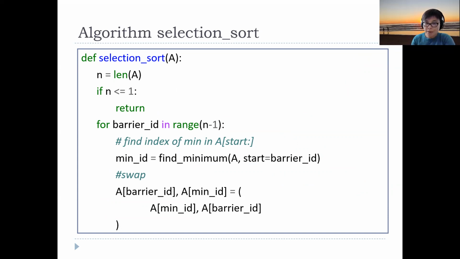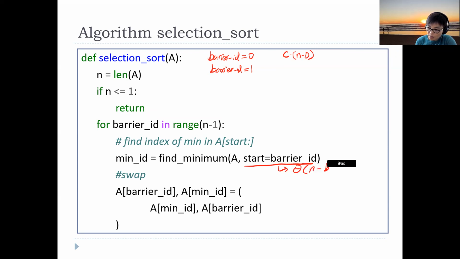Now, what is the time complexity? In the first iteration, when barrier ID equals 0, this find minimum step takes time C times n minus 0. When barrier ID equals 1, this takes time proportional to n minus the size of the subarray you are checking.